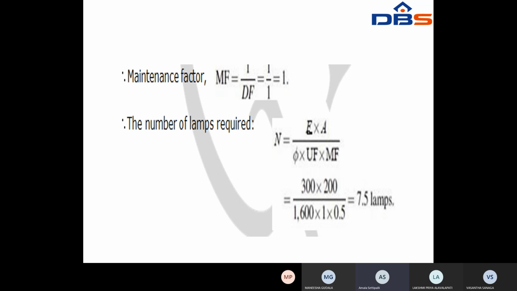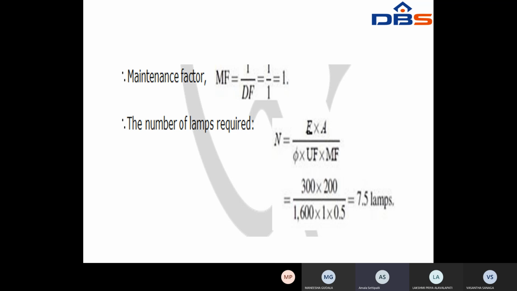So maintenance factor is nothing but the inverse of the depreciation factor, 1 by DF. The depreciation factor in the problem is given as 1, so 1 by 1 is equal to 1.